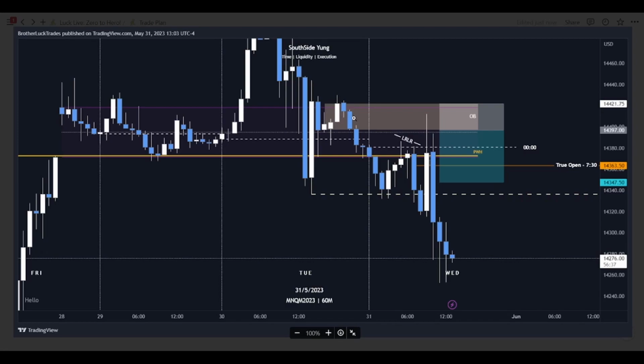And then as you can see, price does the expansion downwards overnight. London session, you get that small reversal at around 8 o'clock. At 9, starting the New York AM session, we get the retracement of the overnight move into the order block.